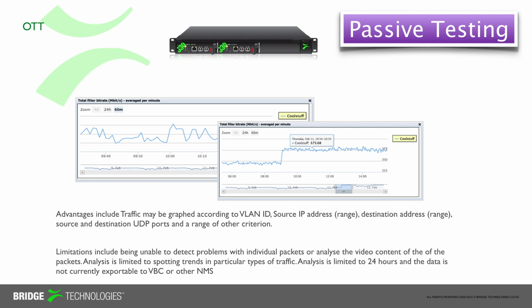So this gives us an ability to filter some of the traffic, but the problem with the passive testing in a Bridgetech probe is that it doesn't currently generate any alarms. So although we can graph the traffic and we can see some data and figures, we can't actually cause any alarms to be fired. Here you can see some of the graphs. We'll look at these in a bit more detail when we actually look at the live probe.